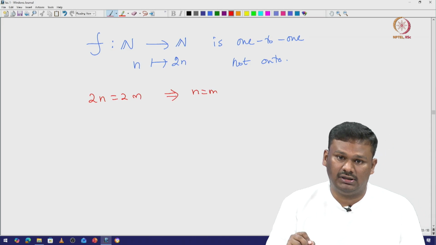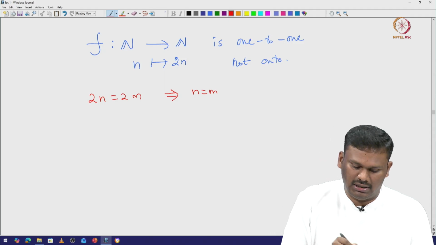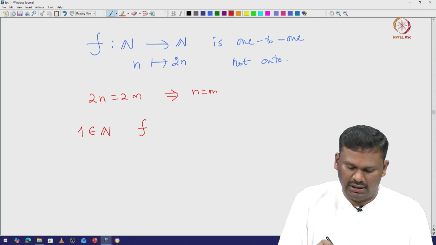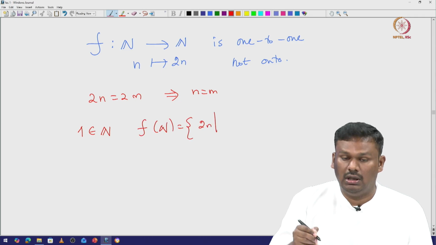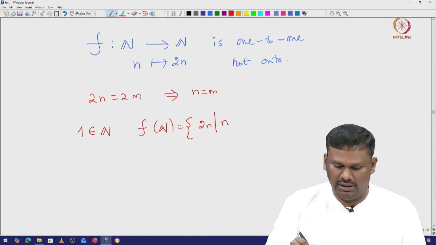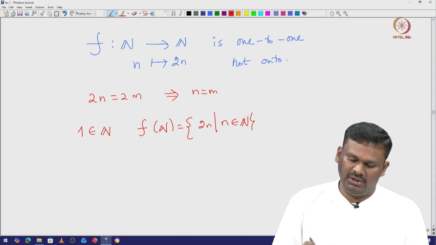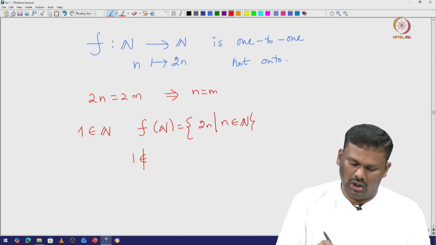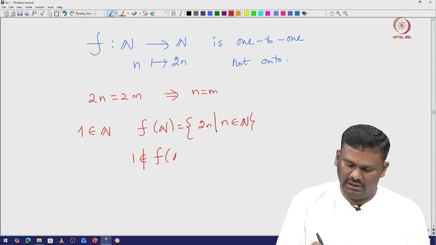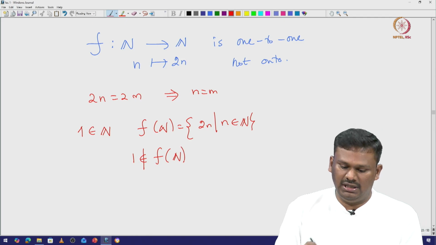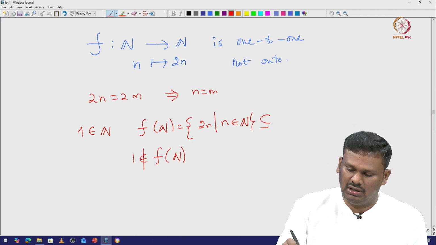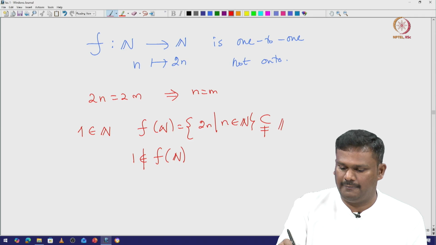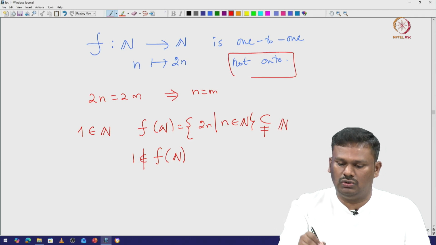So, this proves 1 to 1, but 1 is there in N, and if I look at f of N, this consists of all even natural numbers. Okay. So, that means 1 is not in f of N. So, f of N is a smaller subset than N, so it is not onto.